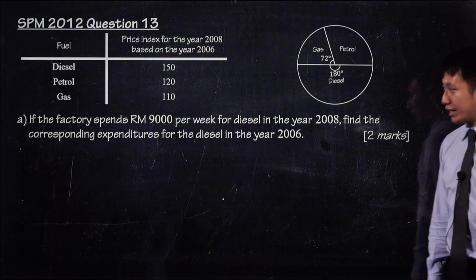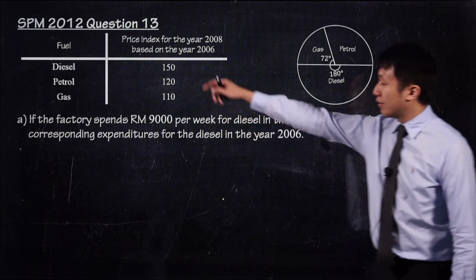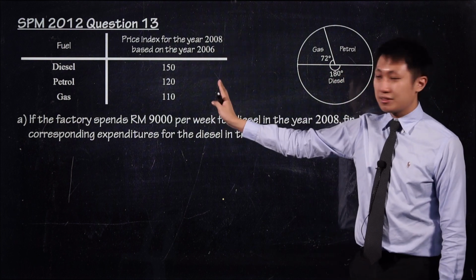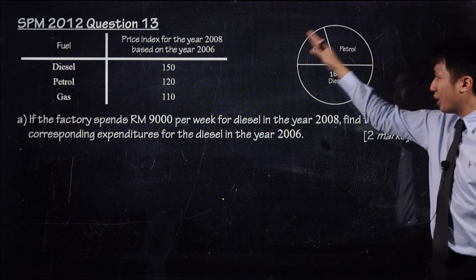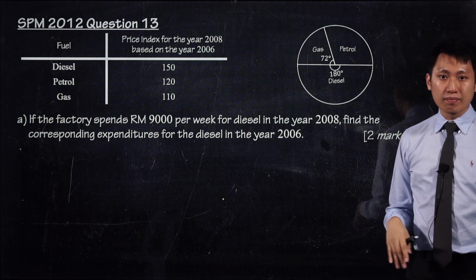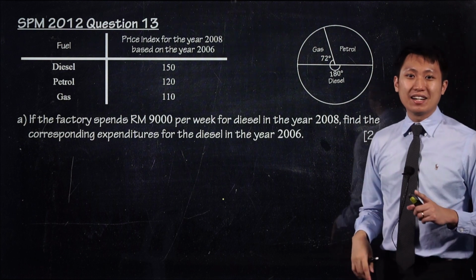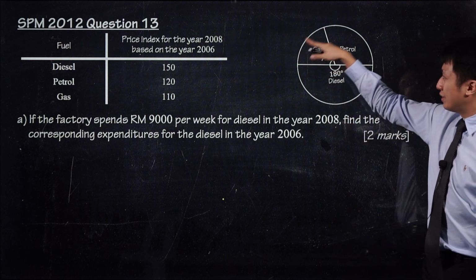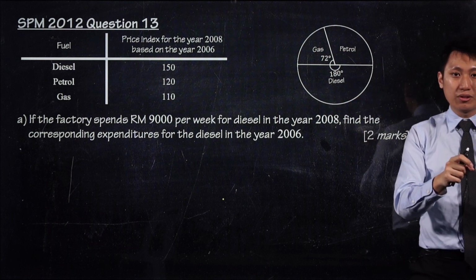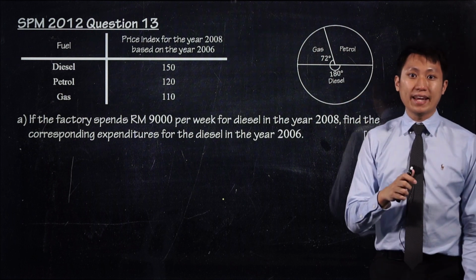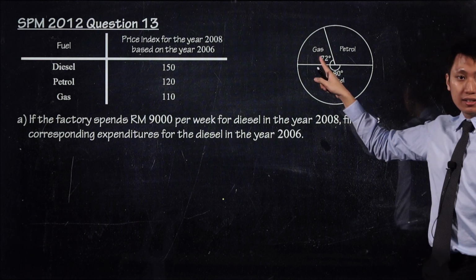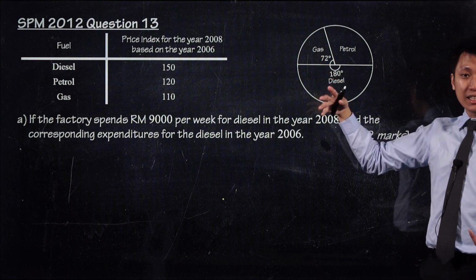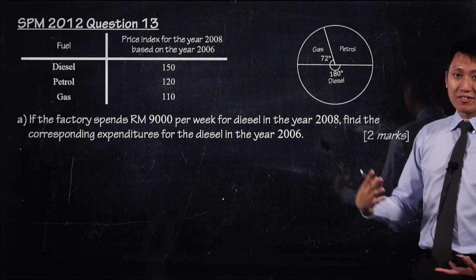Alright, let's solve this. Now this price index is this whole thing here. Can you guess what this is? Clever. This whole thing is telling you the weightage. You can say 72, or 72 over 360.